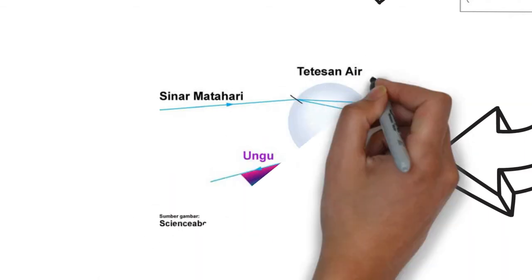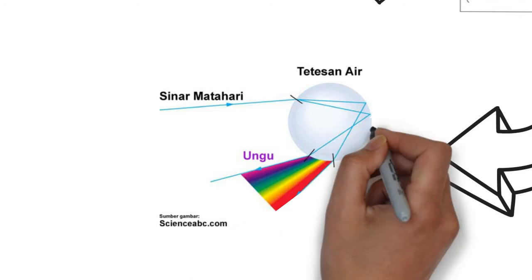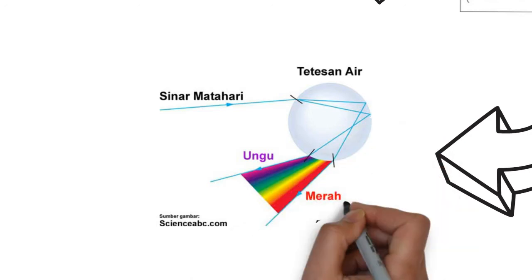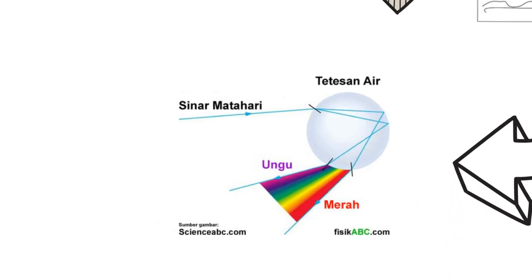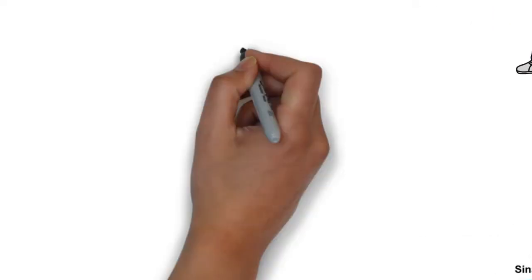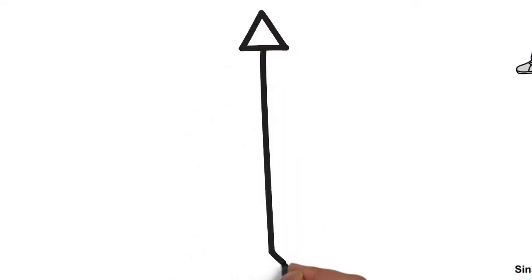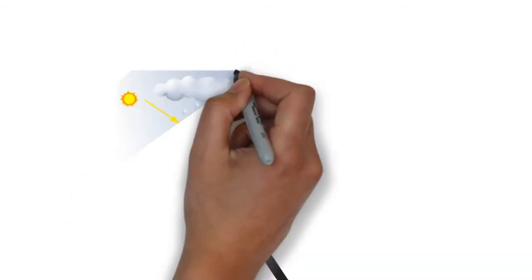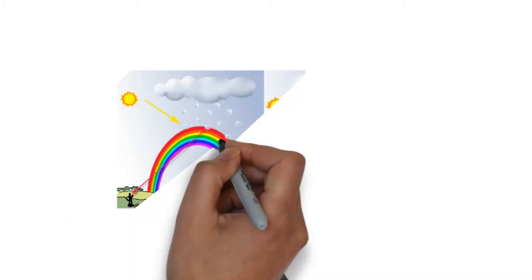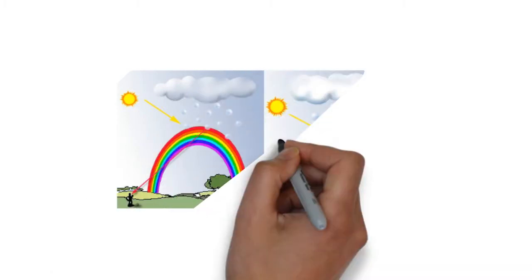Let's start now with some of the light is reflected. It is possible to see through a glass window but at the same time see your own reflection. This is because the window both transmits and reflects light. Water can do this too.